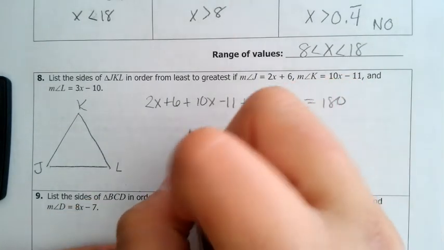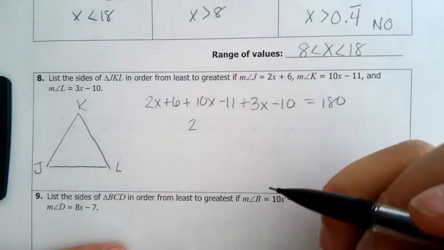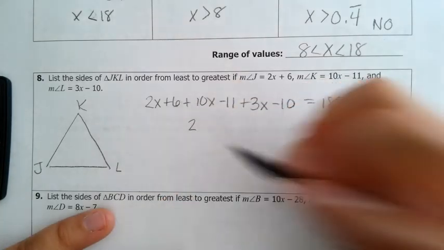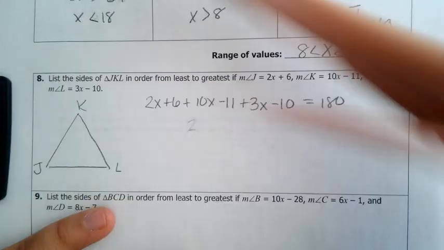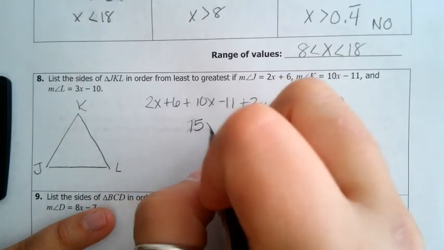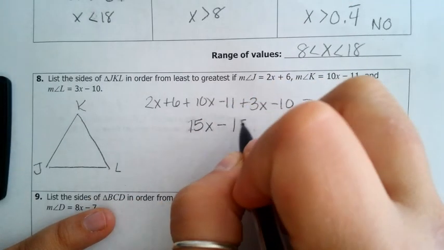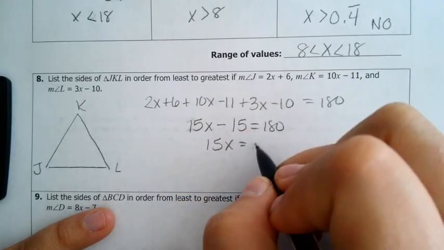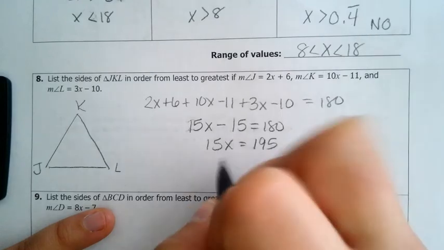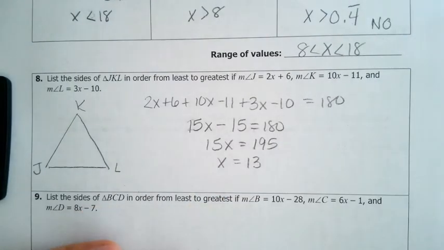If we combine like terms, we get 15x minus 15 is equal to 180. x is equal to 13.